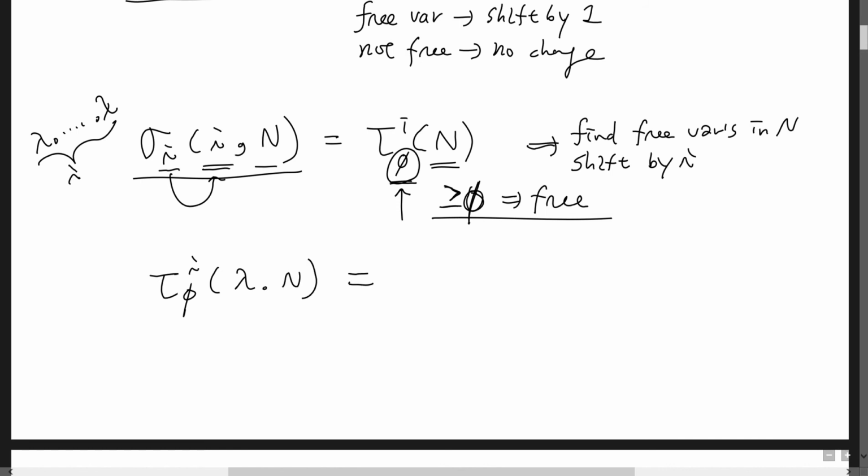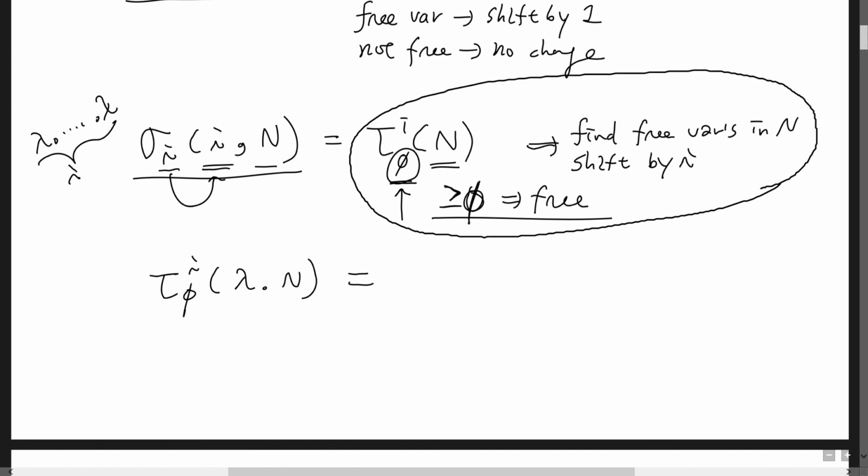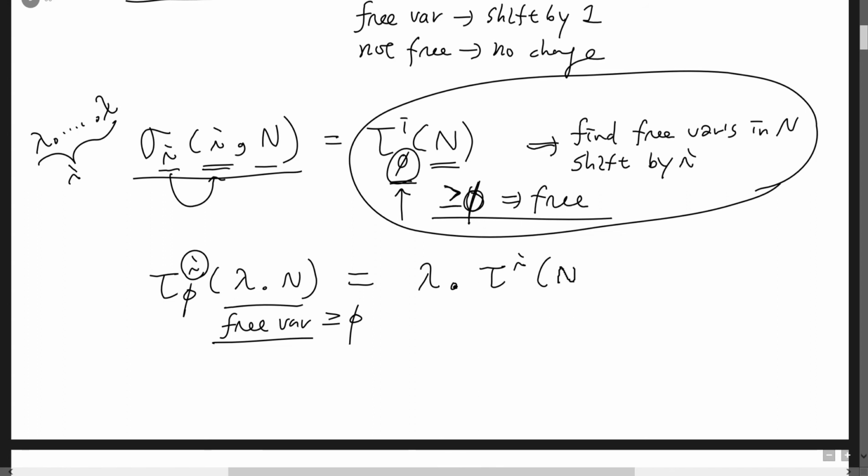According to the definition here, it means find the free variables, which have index greater than or equal to 0, and these free variables will be shifted by I. Now we want to move this tau function inside this lambda abstraction, so you have tau I n.